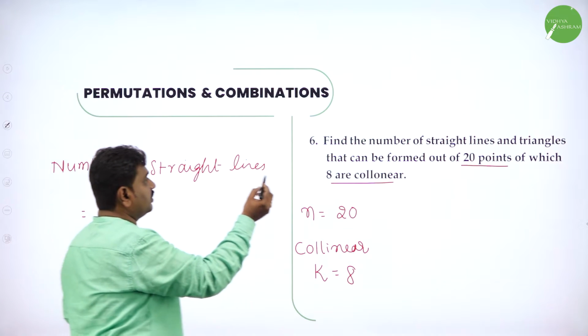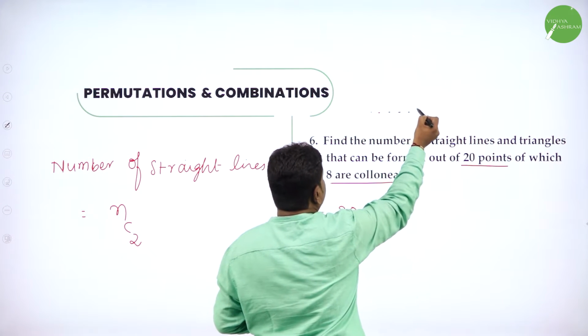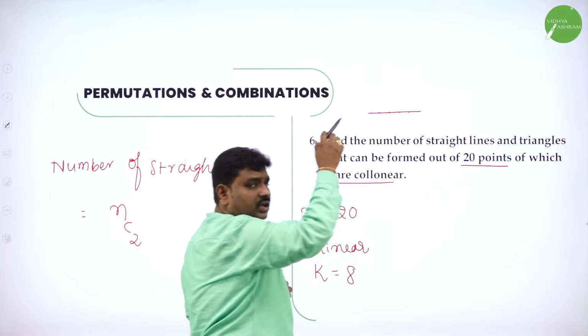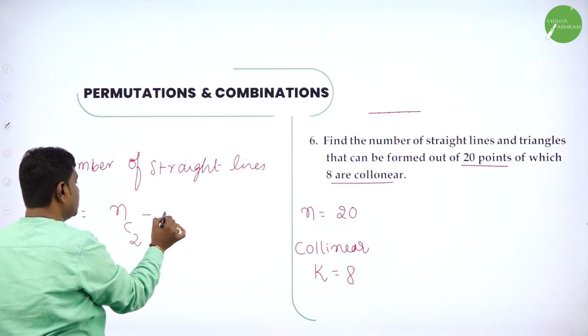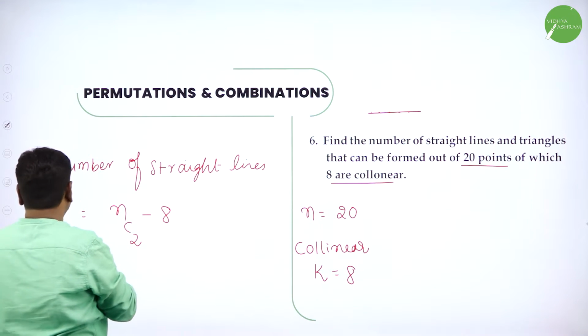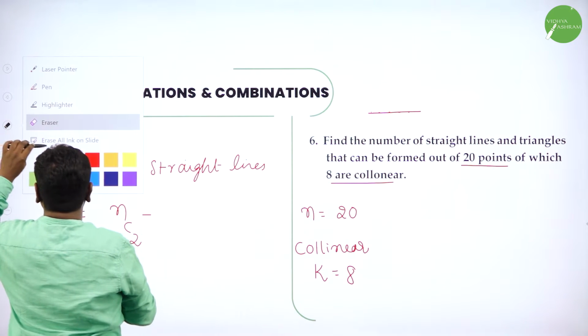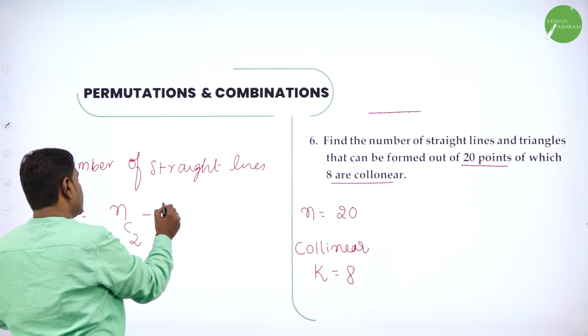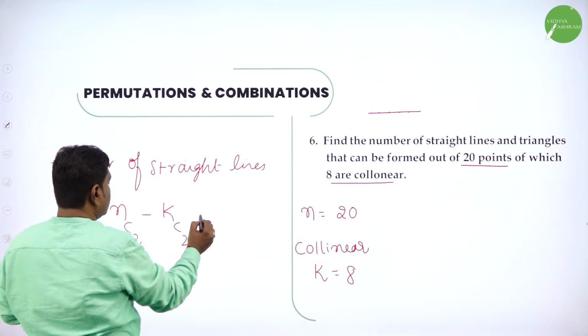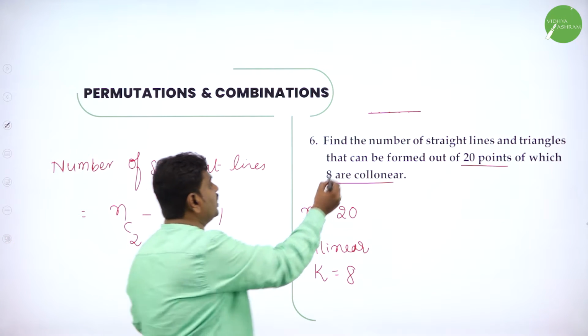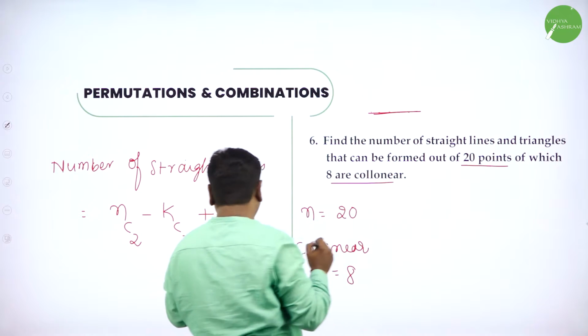But see, if all the points are on the same line, using that I can form only one line. So remove this collinear, minus KC2, where K is number of points which are collinear. NC2 minus KC2 plus 1. See, using that collinear I can draw one line. That's why that one I'll add.